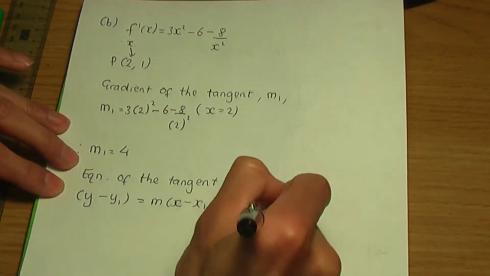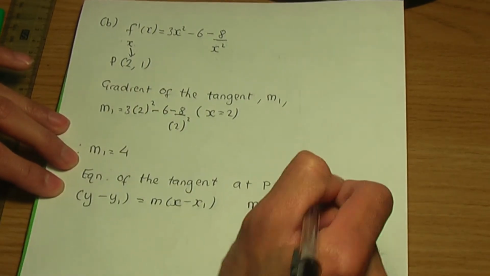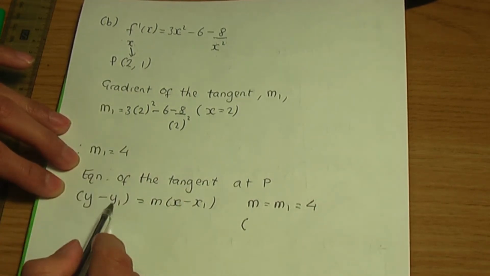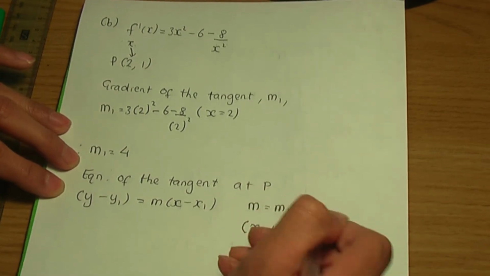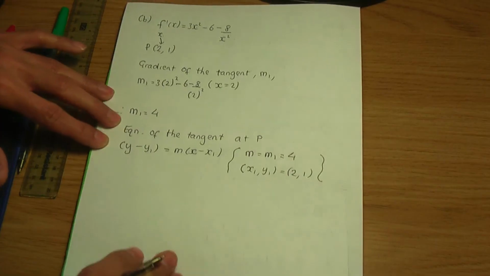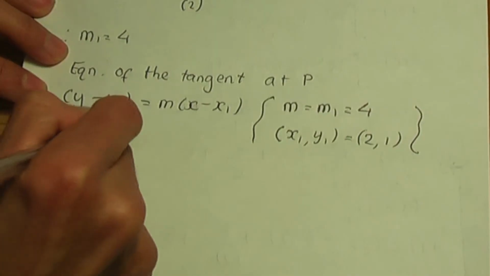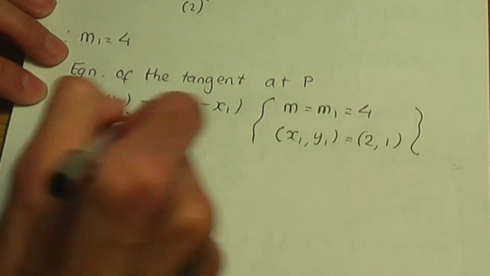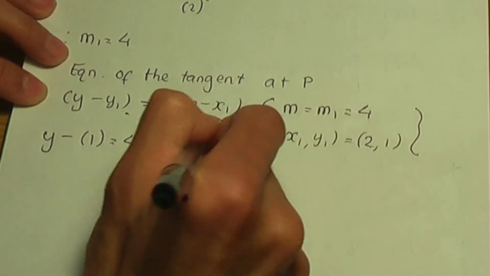So in the formula, m is the gradient of the tangent, so m is m1, m1 being 4, and the tangent passes through 2 and 1, meaning that x1 and y1 are the coordinates 2 and 1. So with this data, let's replace. We're going to have y minus y1, which is 1, equals m which is 4, into x minus x1, which is 2.